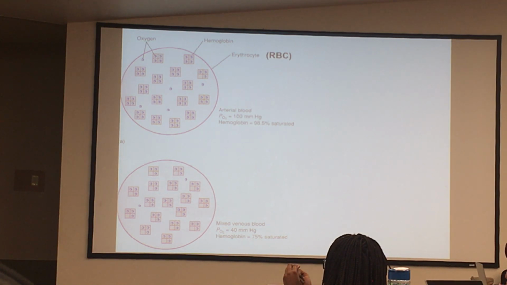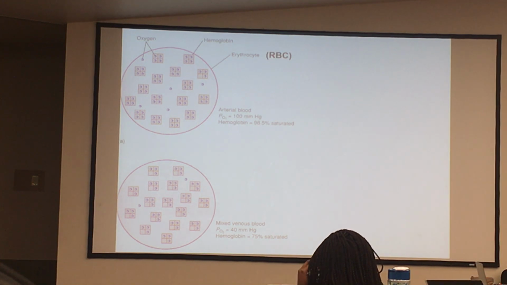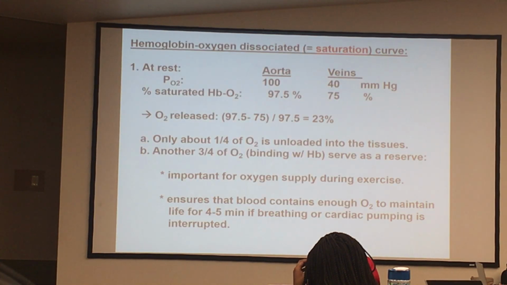So when all 4 hemes carry oxygen, we call it 100% saturated. When it goes through one cycle and loses only a quarter, we call it 75% saturated. This concept is very important for you to know.